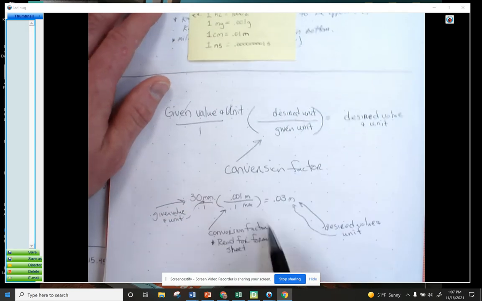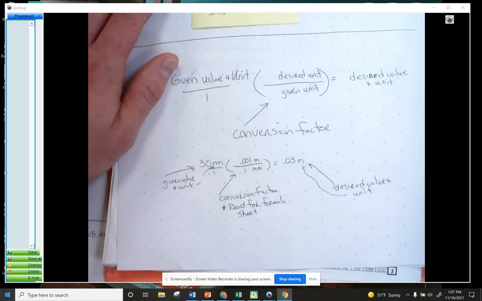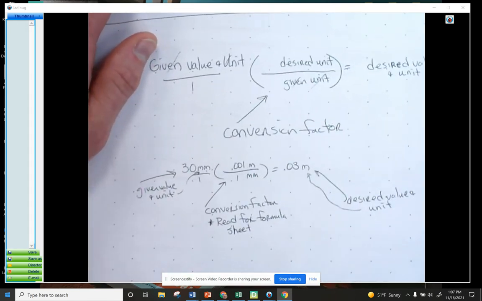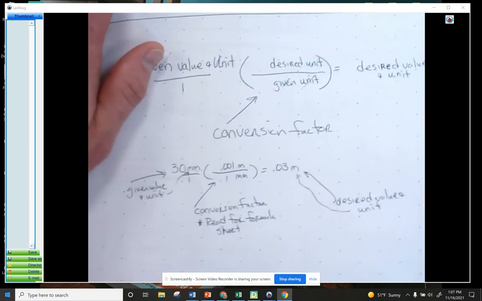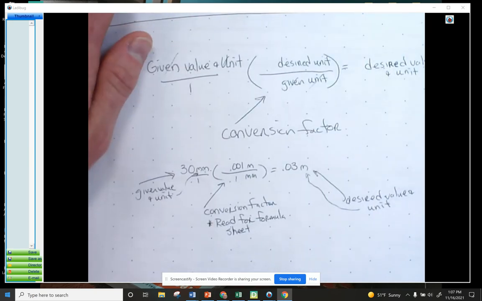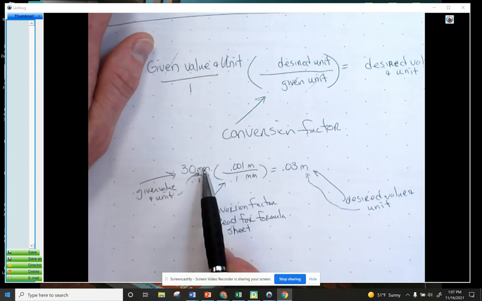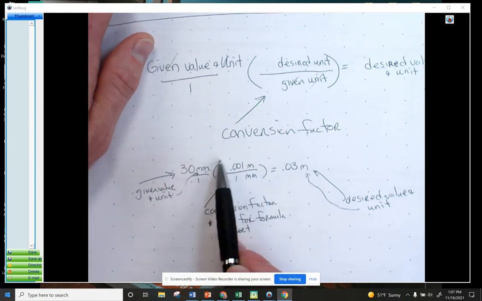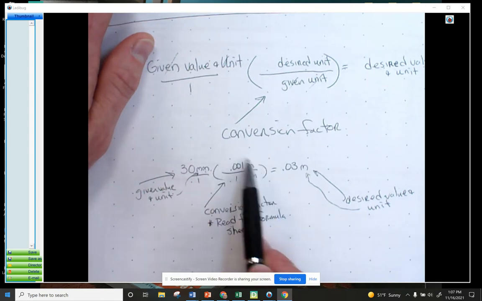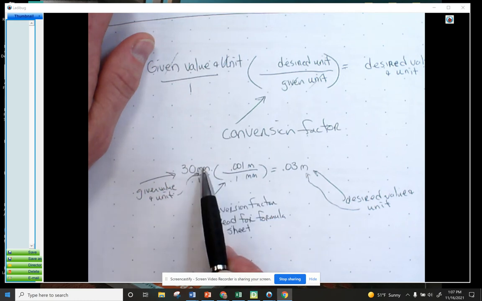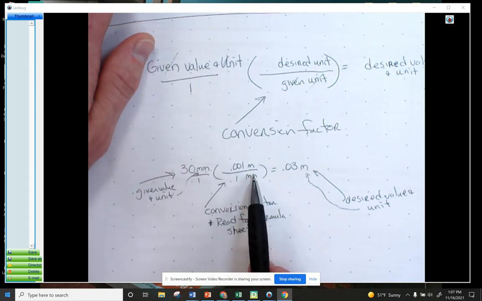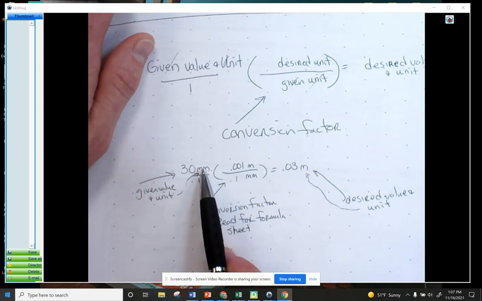So as an example here, zoom in. It's easier for you guys to see. You have 30 millimeters. We're going to talk about how to read the chart here in a moment to get this conversion factor. But millimeters on the top and millimeters on the bottom, so your givens. Millimeters is what you start out with.